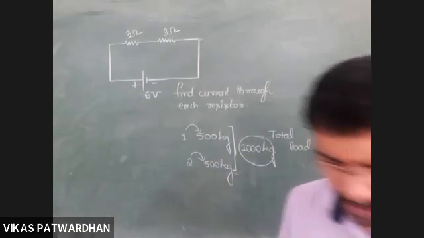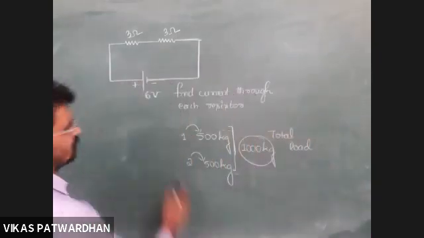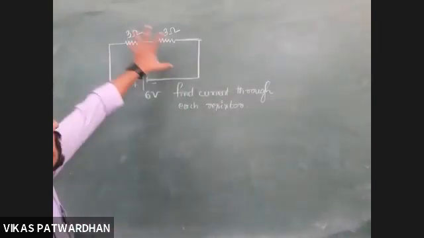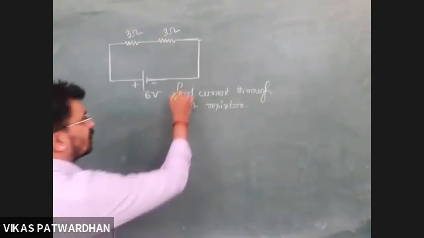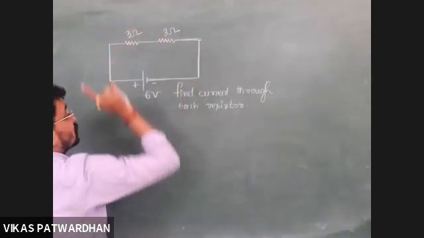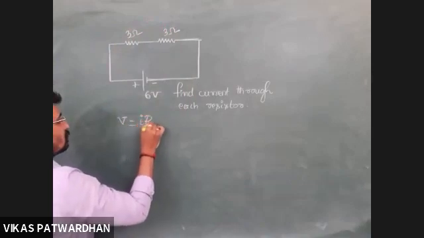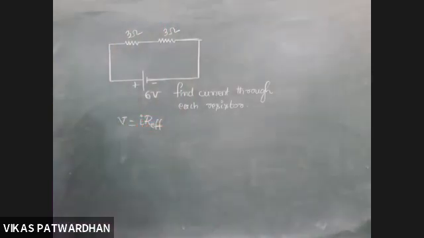Basically we are coming to a conclusion that whenever there is a combination of resistors connected, first find the effective resistance. V is equal to I R effective is the formula.